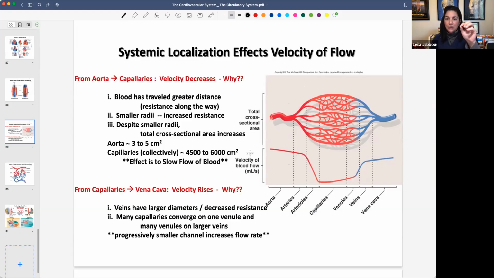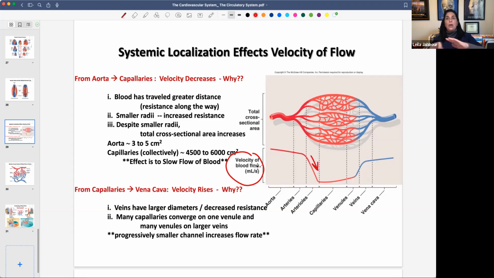So if you're looking at here, this is velocity of blood, which is kind of like the speed of blood, right? Milliliters per second. And then all of a sudden it arrives. This is the area where you have the capillary bed. This is the beginning of the capillary bed. Velocity decreases.